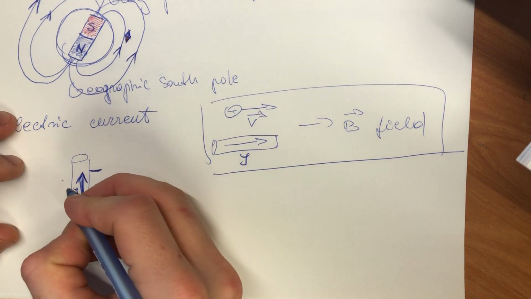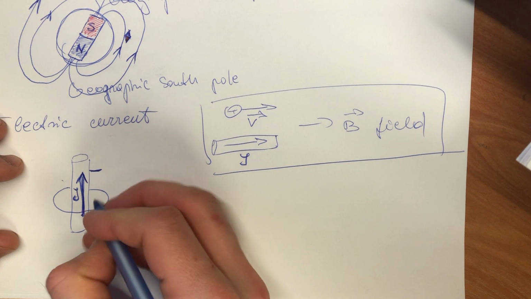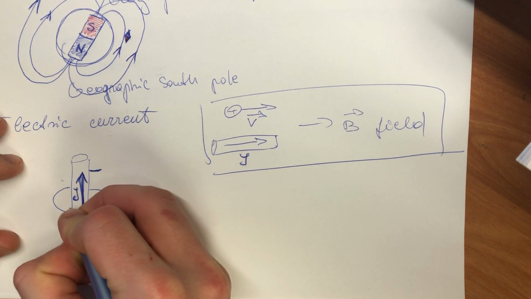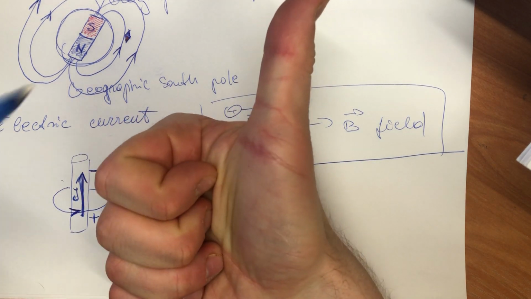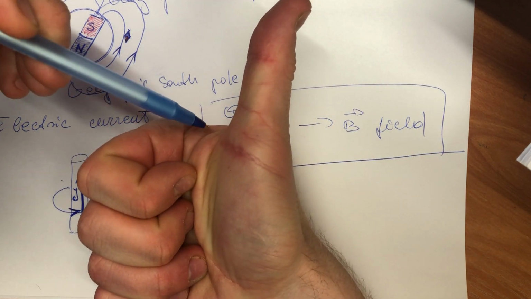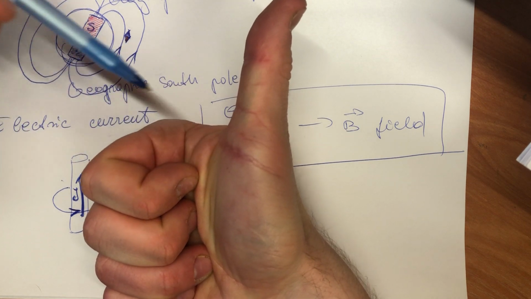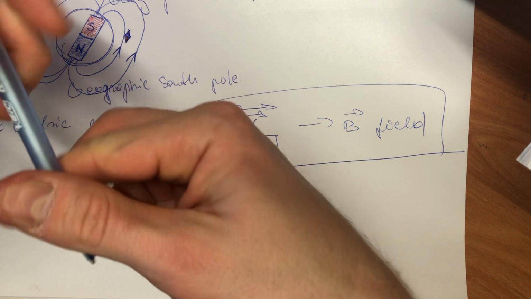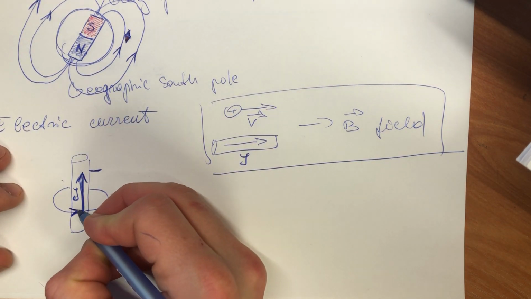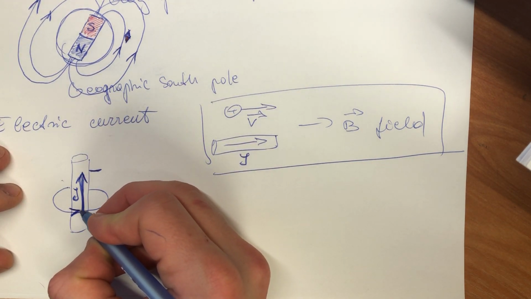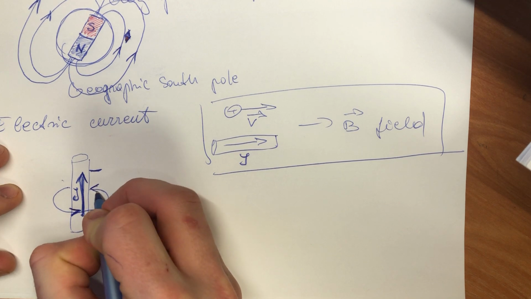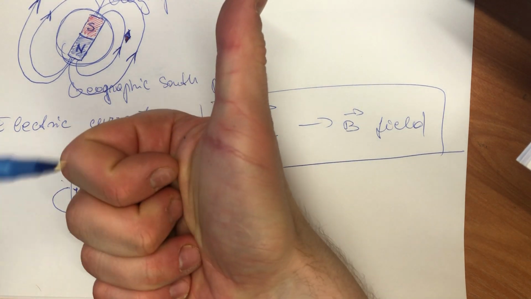So the magnetic field would be shown like this, flowing in this direction. In front of the wire, it's flowing like this. Behind the wire, it's flowing like this, as the fingers show.